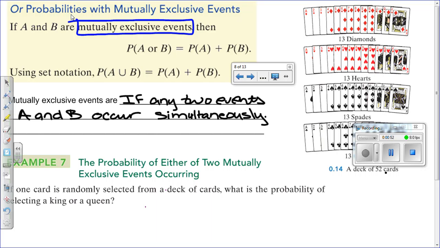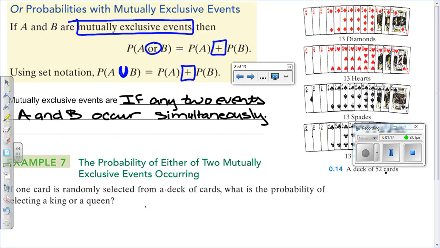In probability, the word or represents addition. And using set notation, the same addition of probabilities will be represented by union. And that looks like a U, and it represents union.